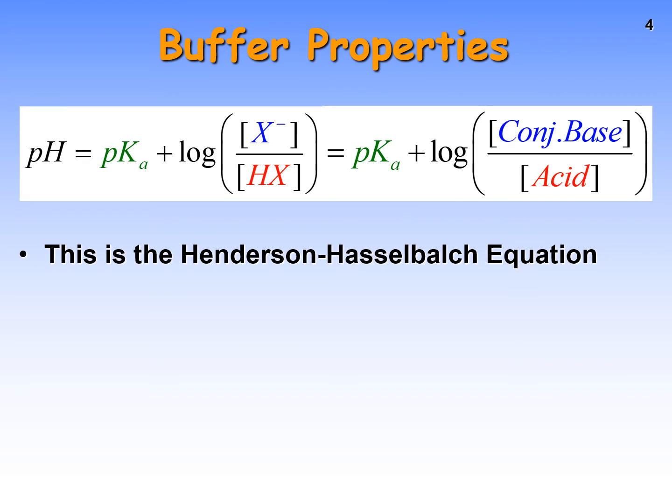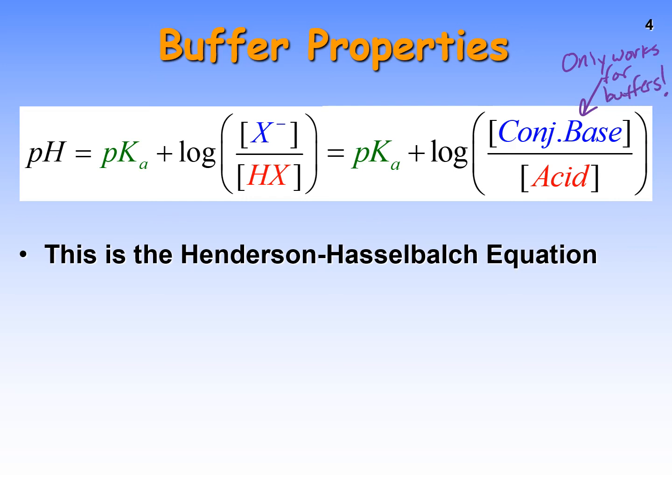I think that name is so fun to say for some reason. It basically states that pH is equal to pKa plus the log of your conjugate base concentration over your weak acid concentration. This equation only works for buffers.